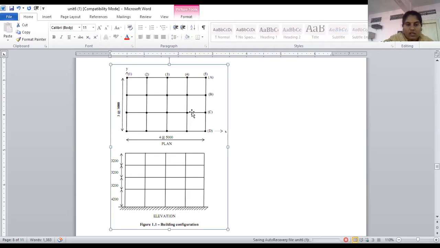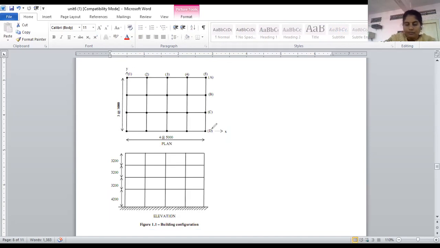You can see there are 1, 2, 3, 4 bays here. The dimension is given in mm, 5,000, so for each and every bay there is a 5-meter distance, 5 meter by 5 meter.